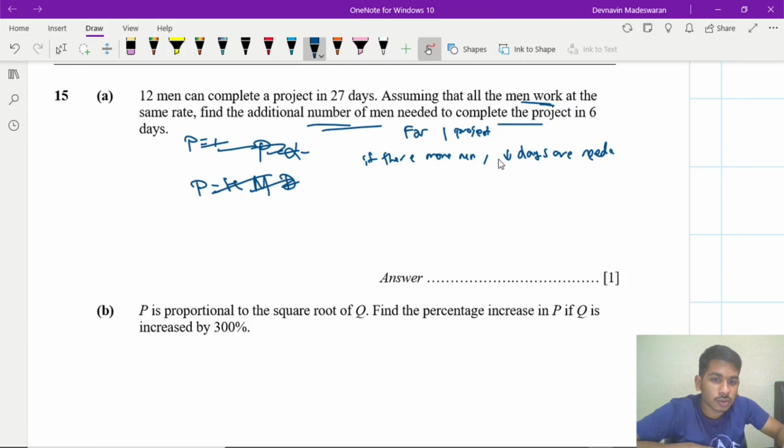So those two are inversely proportional. So men is inversely proportional to the days. So MD is equal to a constant.